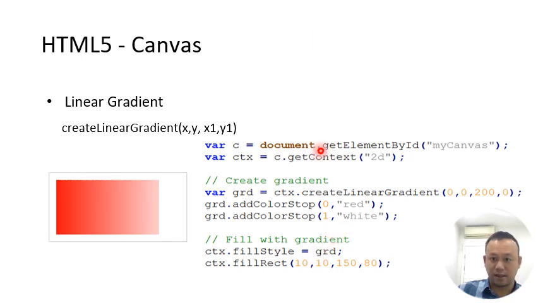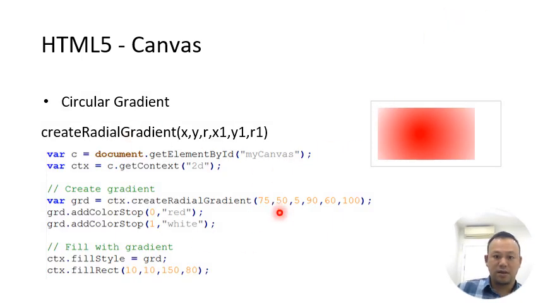The color is the color value of the color stop. We also have a circular gradient like this. We can see here the outside is white and the inside is red.